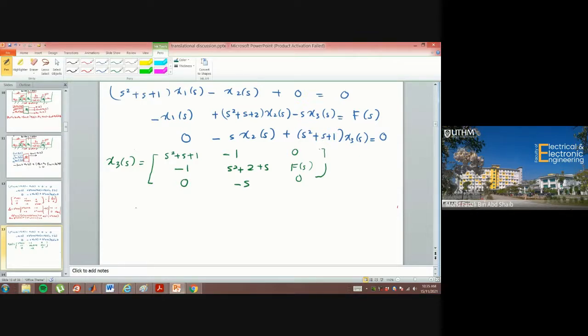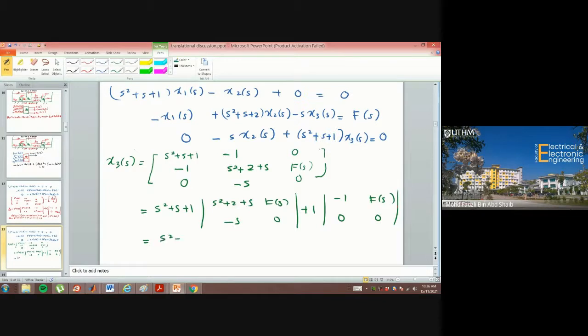So now it becomes the same s squared plus s plus 1. We copy the other side, s squared plus 2s plus 2 plus s minus s. This one times F(s) is 0. This one becomes plus 1 because of the minus. Minus 1, 0, times F(s) is 0. This one 0 is 0.